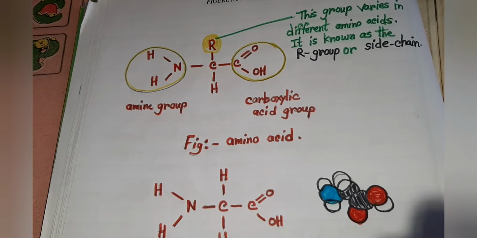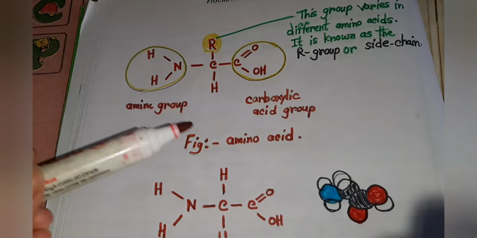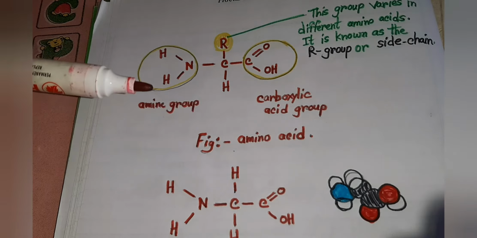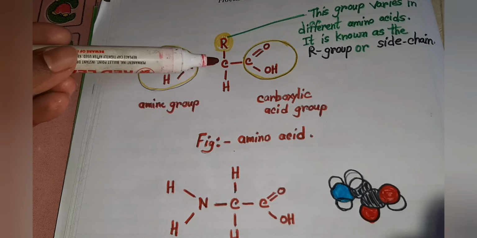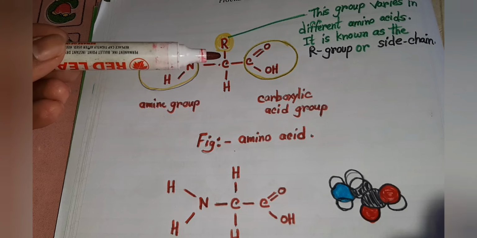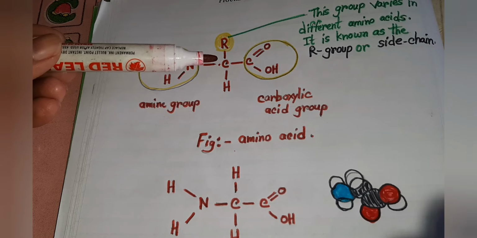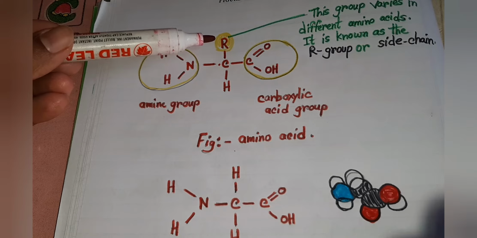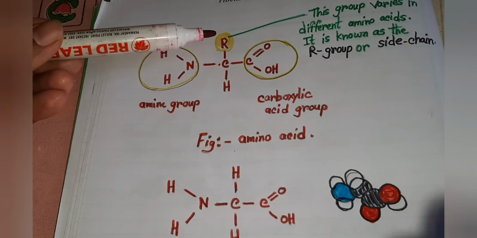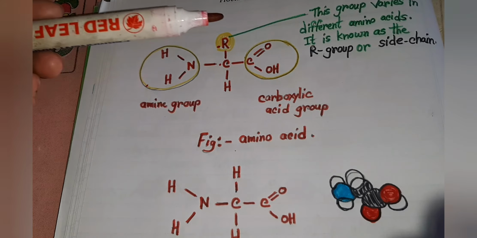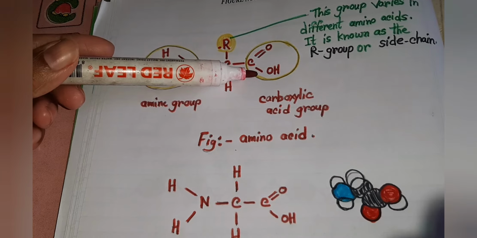Now I'm going to talk about amino acids. In an amino acid, here is a central carbon atom, which is bonded to an amine group. This group varies in different amino acids and is known as the R group or side chain. Here is the amine group, this one, and this is a carboxylic acid group.